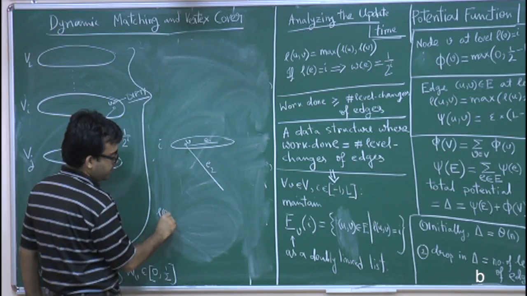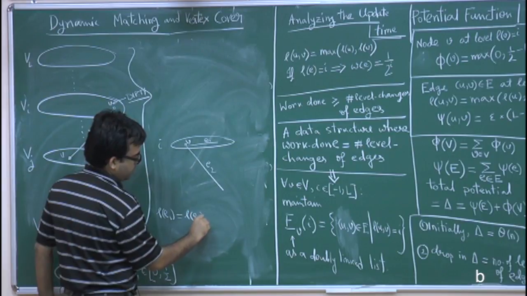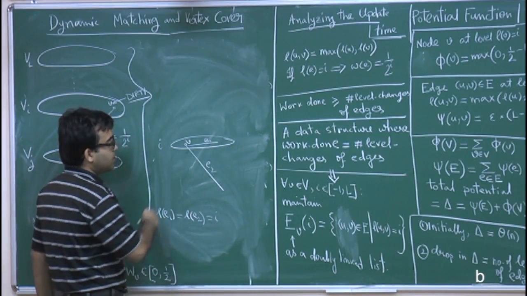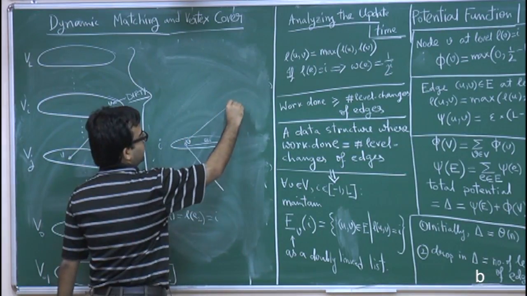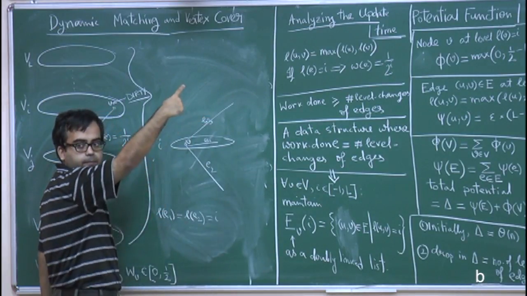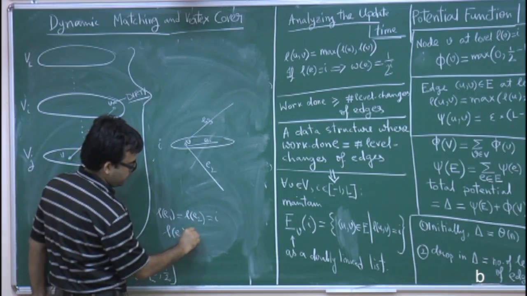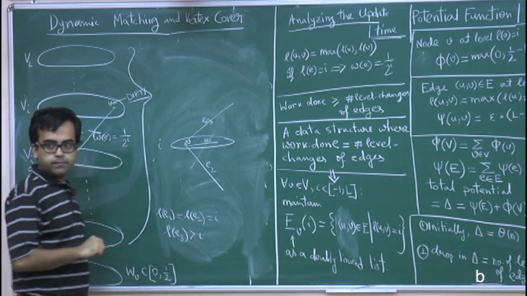So, the level of e1 and e2 is i. Otherwise, the edge is of this form e3, where the other endpoint is above level i, and hence the level of e3 is greater than i.